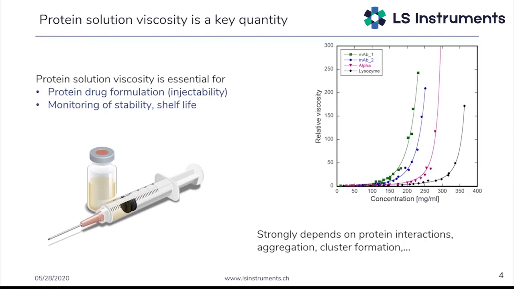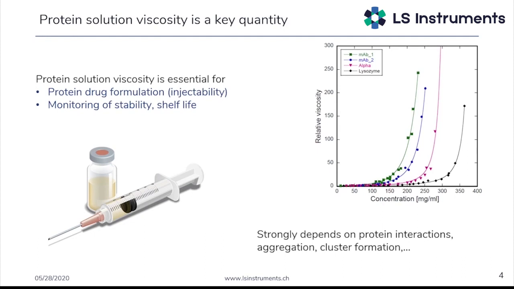Knowing protein solution viscosity is essential, for example, for current attempts to formulate high concentration protein solutions for drug applications, because there, at these high concentrations, injectability is always a concern, and that requires that the protein solution viscosity is below a certain limit. It also is a key property if you want to monitor the stability of protein solutions. It allows us to some extent to say something about the expected shelf life of such a sample.